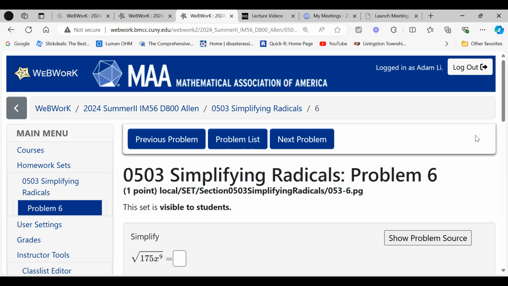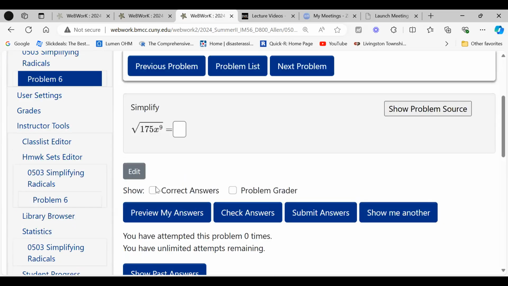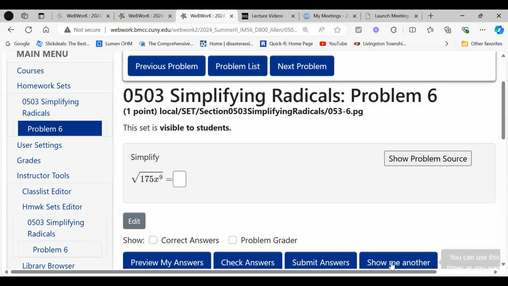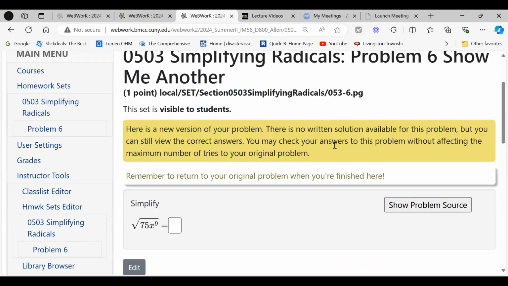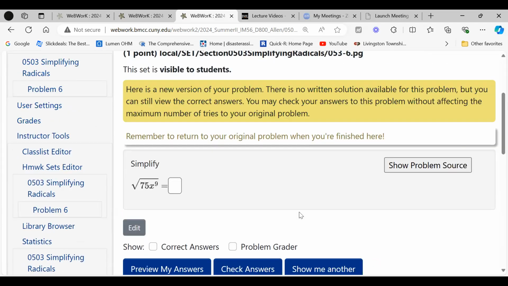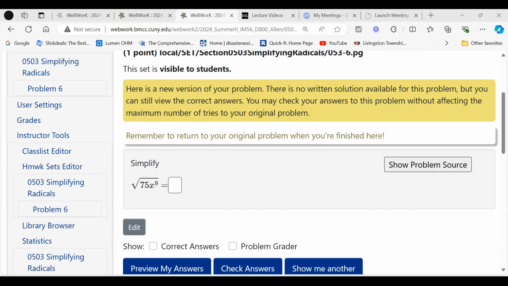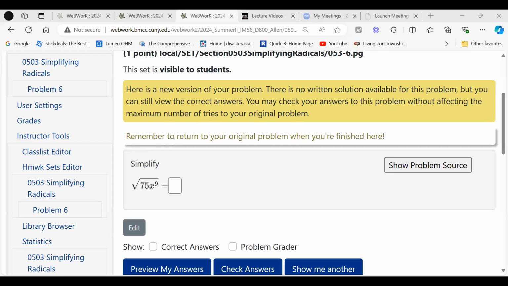Now we're going to get to something a little more complicated, meaning you have a number and also a variable term. So let's create a new version and show you how to tackle this step by step. Just like we did with the numbers, first of all, we're going to decompose it.